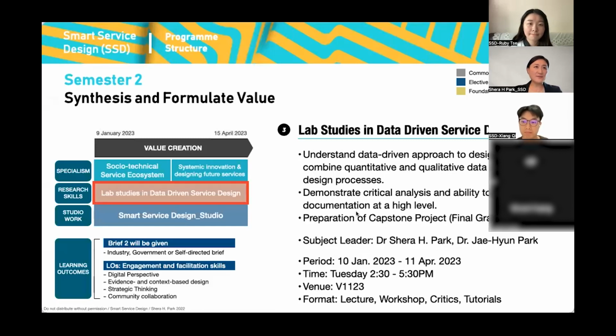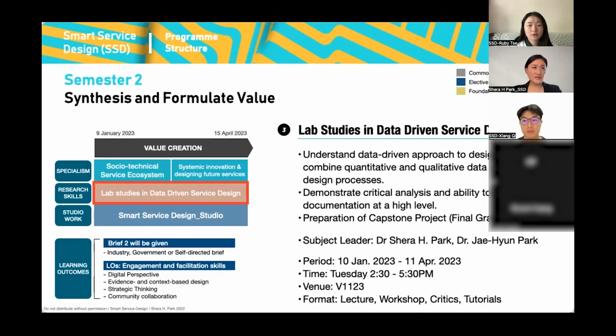At the same time, what runs underneath is lab studies. We call it lab studies. This is very much a flexible kind of subject. And then lab studies are actually designed for the students who prepare their capstone project. So someone who wants to do a project for industry and portfolio, we give the extra time and space for students to explore what they really like, what they really want to do.